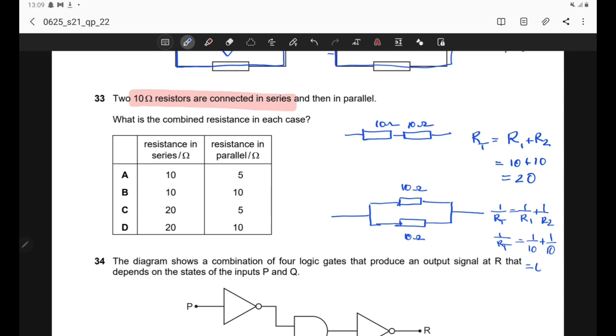We will get 0.2, that is 1 over RT. In order to calculate RT, we take the reciprocal, 1 over 0.2, and the answer is 5 ohm. So the combined resistance for the series connection is 20 ohm, and for the parallel connection it is 5 ohm. Therefore the correct answer is option C.